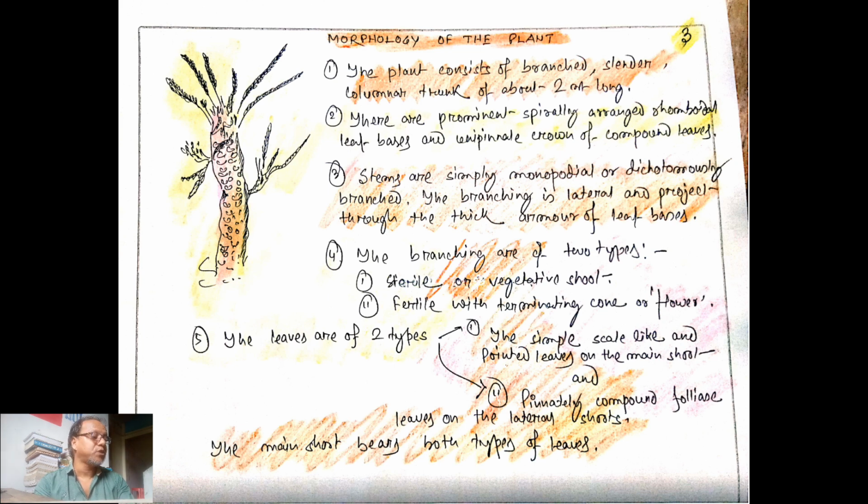Similarly, leaves are of two types: the simple scale-like and pointed leaves on the main shoot, and pinnately compound foliage leaves on the lateral shoots. And it is to be noted that the main stem bears both types, the simple scale-like leaves as well as the pinnately compound foliage leaves.